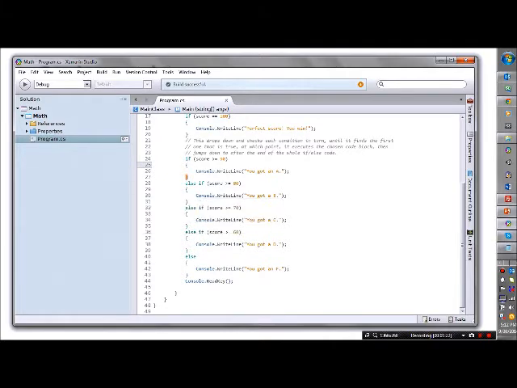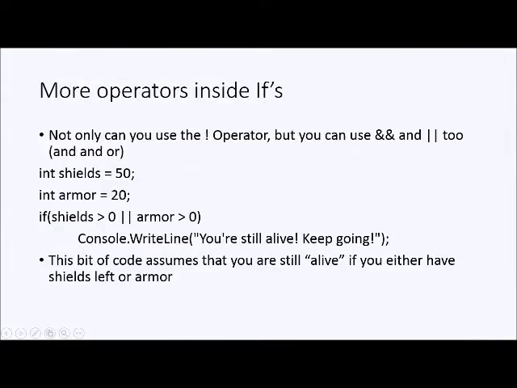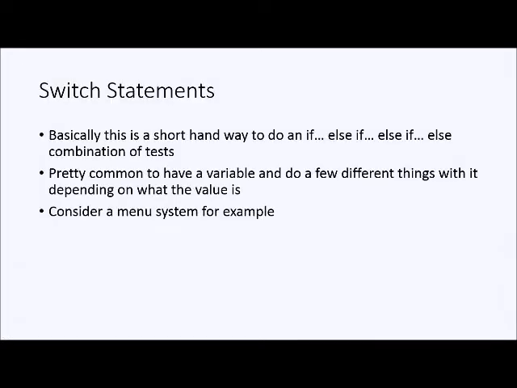We could easily wrap this into a switch statement, which is what we're going to be talking about next. A better example of switch statements is a menuing system in a game. It's a pretty common thing to do. It's also pretty common to have a variable, and we're going to do a few different things with that variable depending on what the value is.